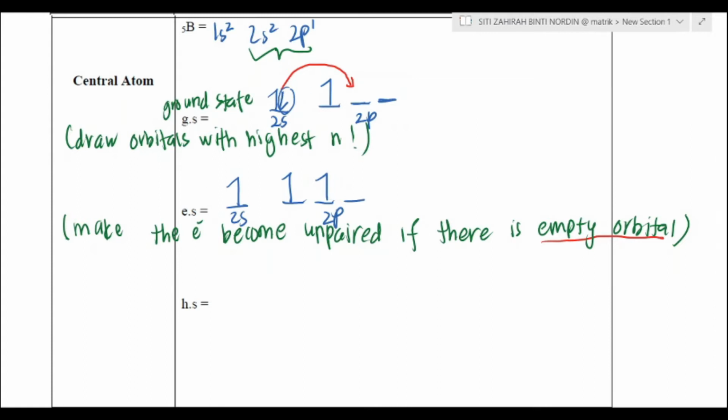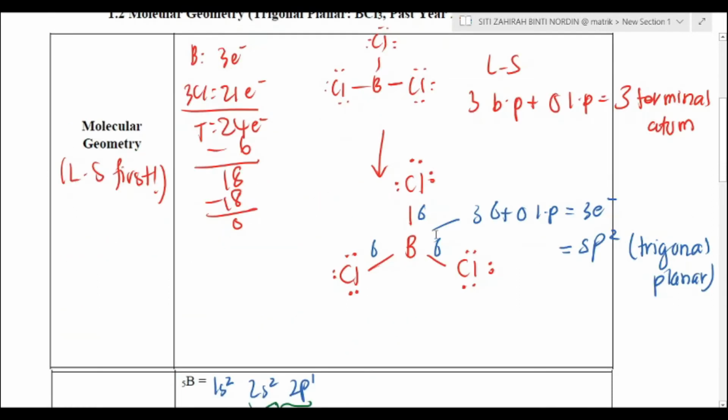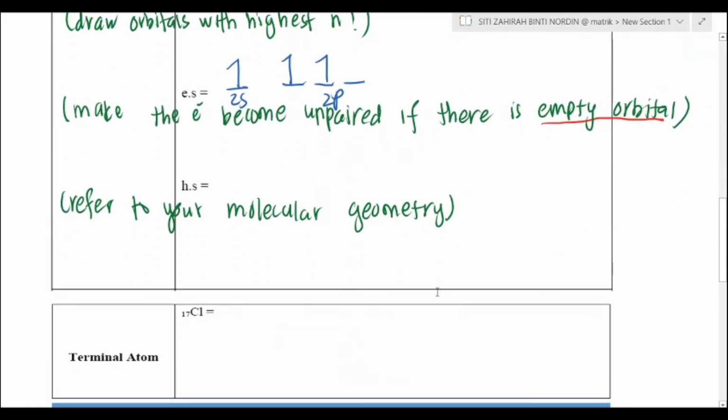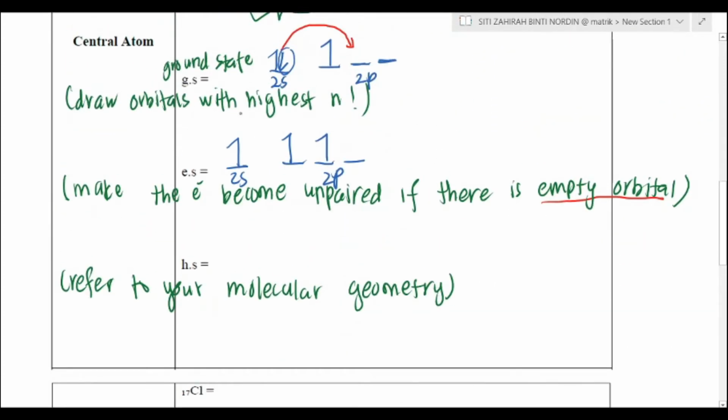For the hybrid state, you have to refer to your molecular geometry that you drew earlier. This is boron, and we've already determined that it has a hybrid type of sp2. So now at the excited state, you have to combine 1 s and 2 p orbitals to become sp2 hybrid orbitals.